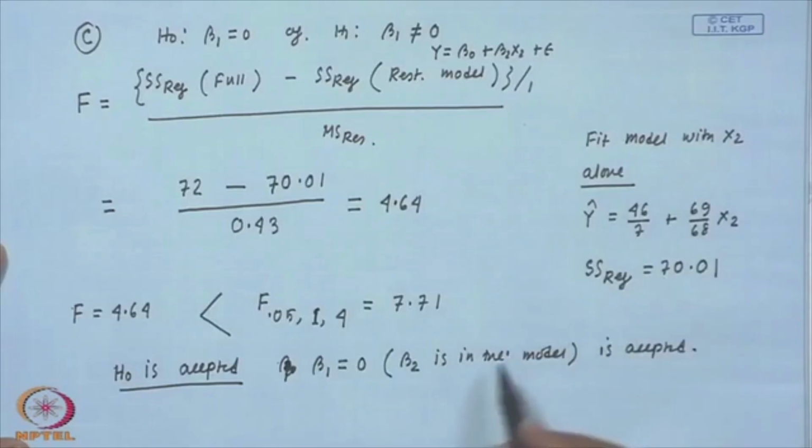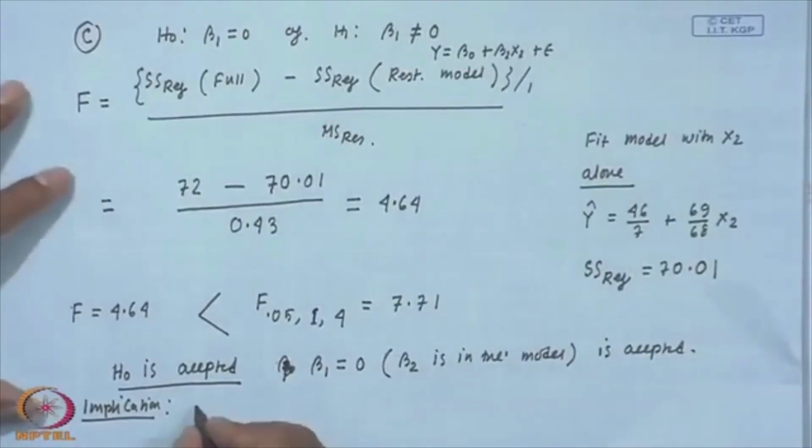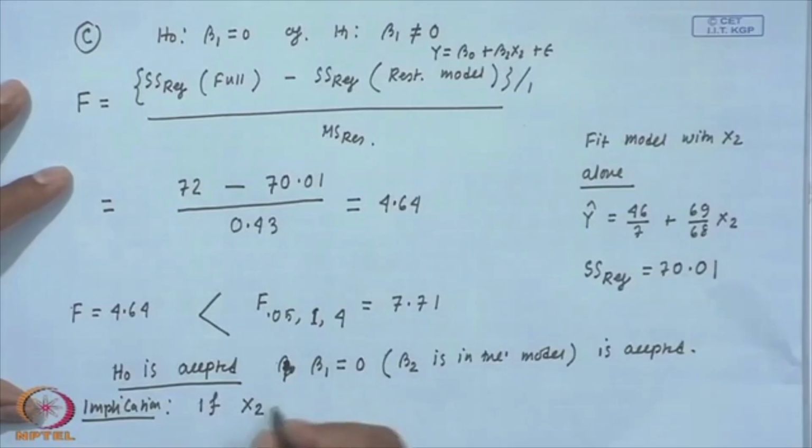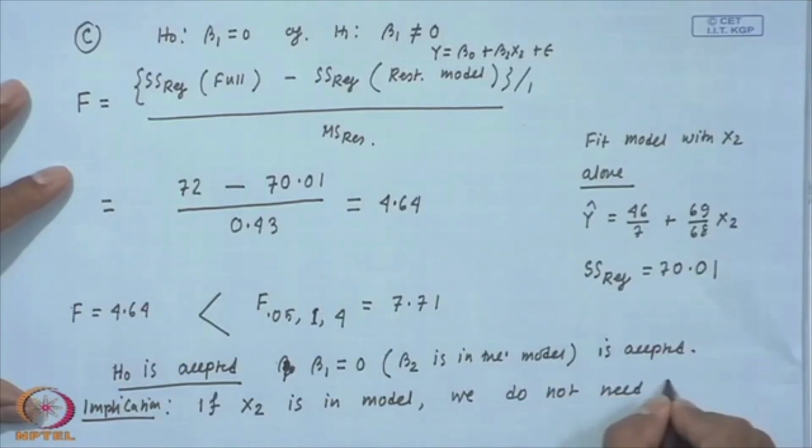So, the implication of this one is that if x 2 is in the model, we do not need x 1, x 2 is enough.